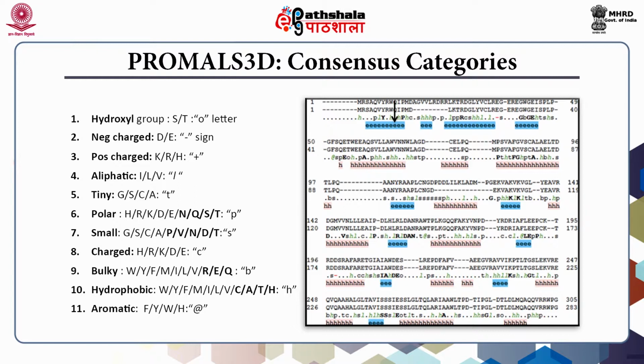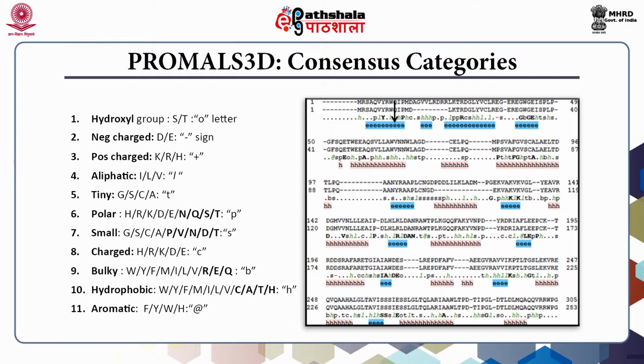This group adds 4 residues, that is asparagine, glutamine, serine and threonine, to the 5 charged amino acid groups indicated with lowercase c. There may be any one of the 9 small amino acids indicated with the lowercase letter s. The conservation of any of the 5 charged amino acids in a column is indicated with lowercase c.